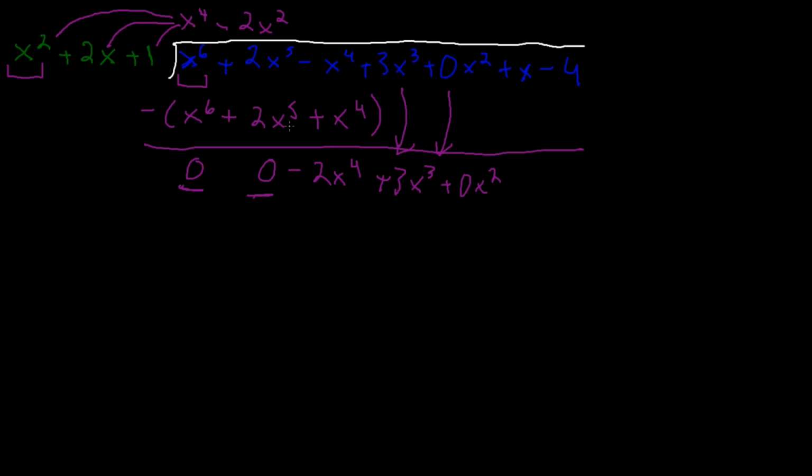And then we're going to multiply it out and subtract it. Negative 2x squared times x squared is negative 2x to the 4th. Negative 2x squared times 2x is negative 4x to the 3rd. And then negative 2x squared times 1 is negative 2x squared.